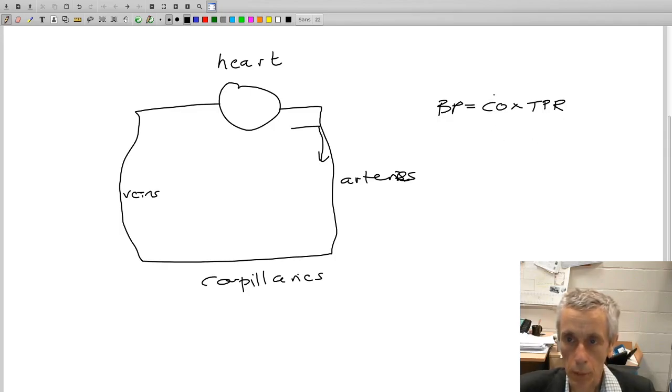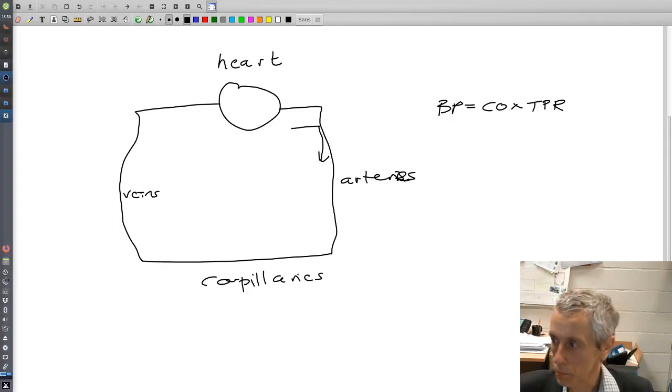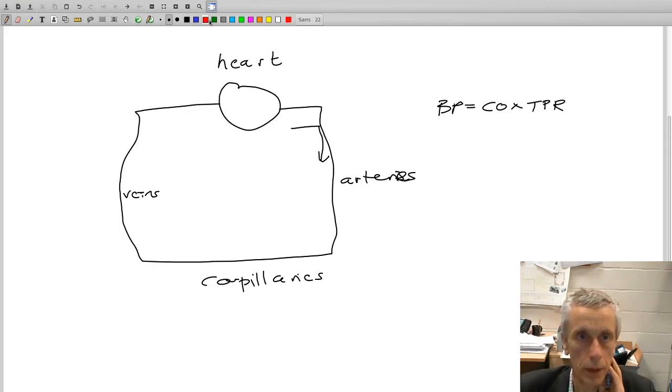So if cardiac output goes up, TPR stays the same, or if resistance goes up and the output stays the same, blood pressure will increase. So we're going to assume then that we have a homeostatic mechanism working to keep blood pressure the same, and we can do that by changing the cardiac output or changing the total peripheral resistance.